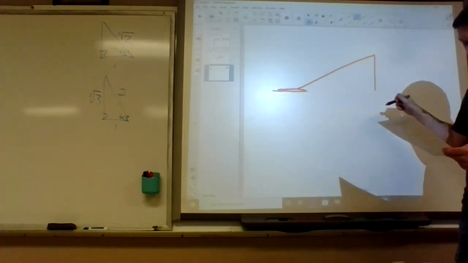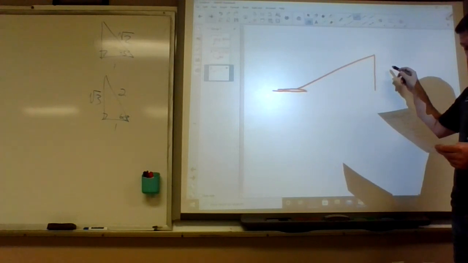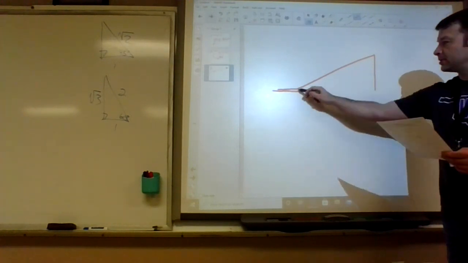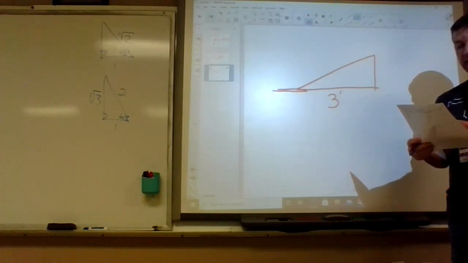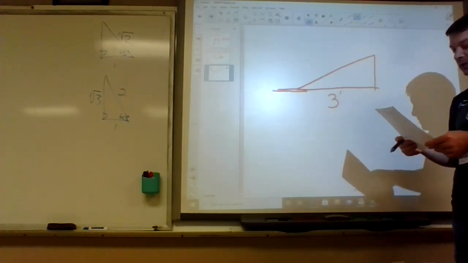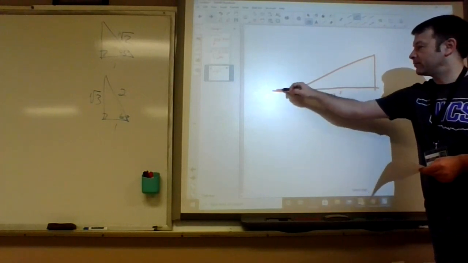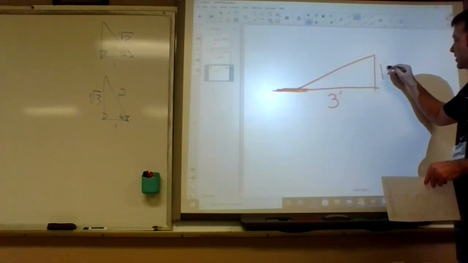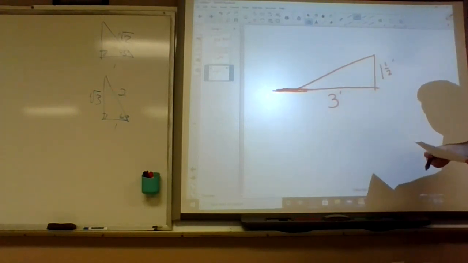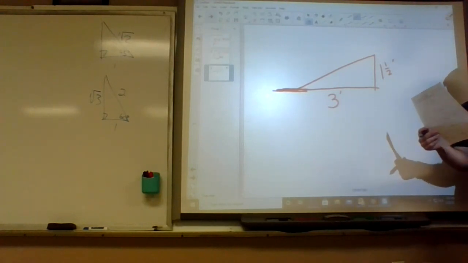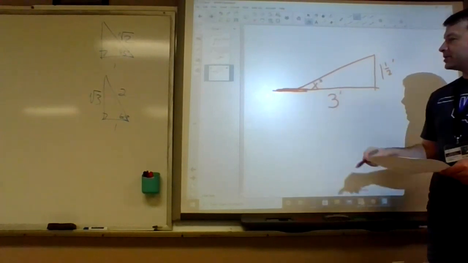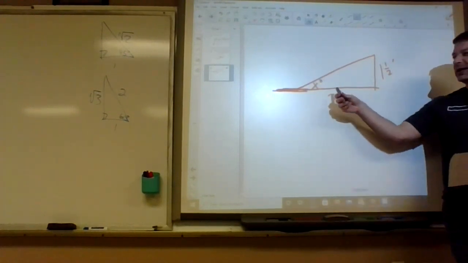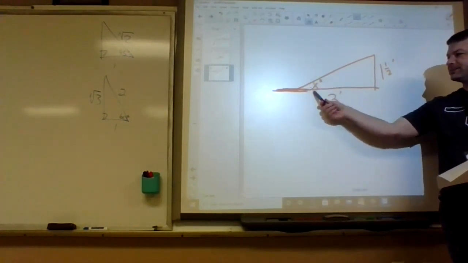Okay, I got it. The truck bed is 1.5 feet higher than my loading platform over here. 1.5 feet higher. And what are we looking for? Find the angle of elevation from the platform to the truck. Okay, how do I find the angle X right here?